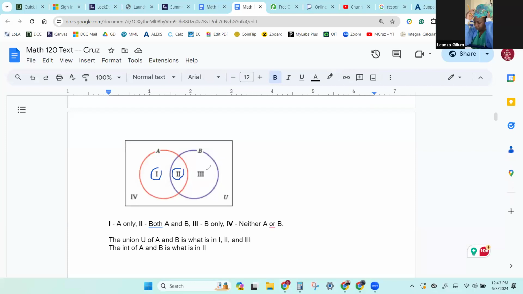But a lot of other books do use these Roman numerals, and all they really mean is this. Roman numeral 1 is just what's inside of A only. Roman numeral 2 is what's inside the football, the intersection. Roman numeral 3 is what's inside of B, but of course not in A. And then Roman numeral 4 is what's not in either one of them.